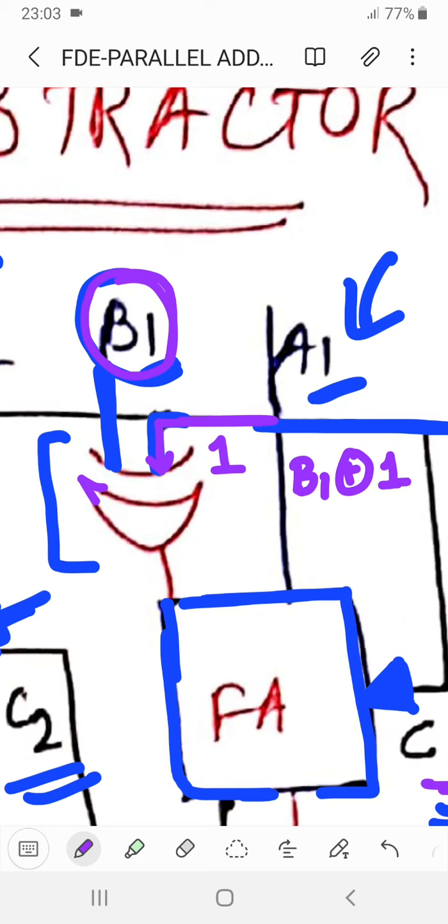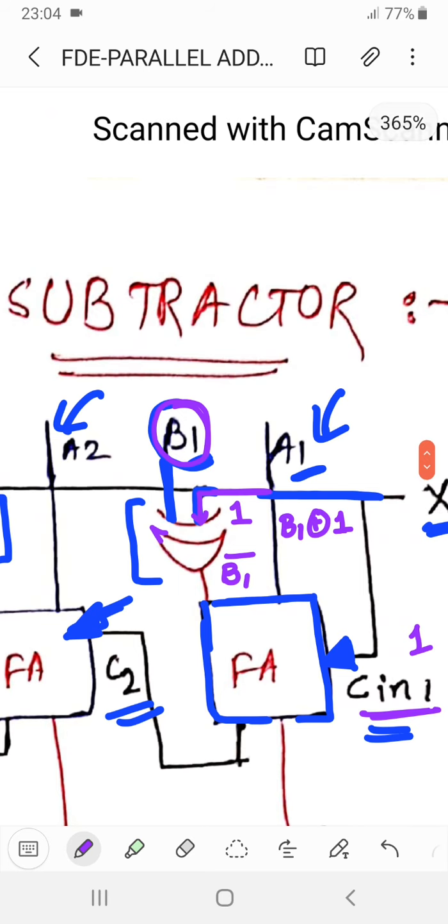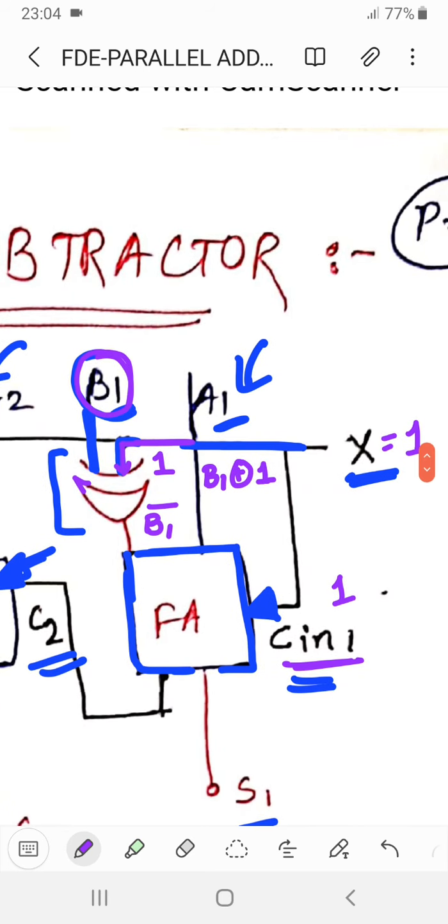Whenever any input is XORed with 1, obviously the output is the complement of B1. So in that case I am getting the first complement of B1, that is known as B1 bar. So here I am getting B1 bar, and this B1 bar is one of the inputs.